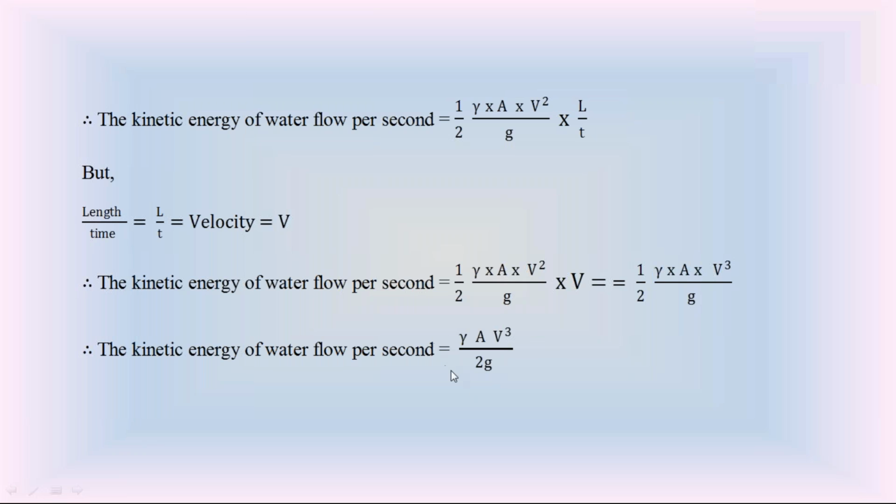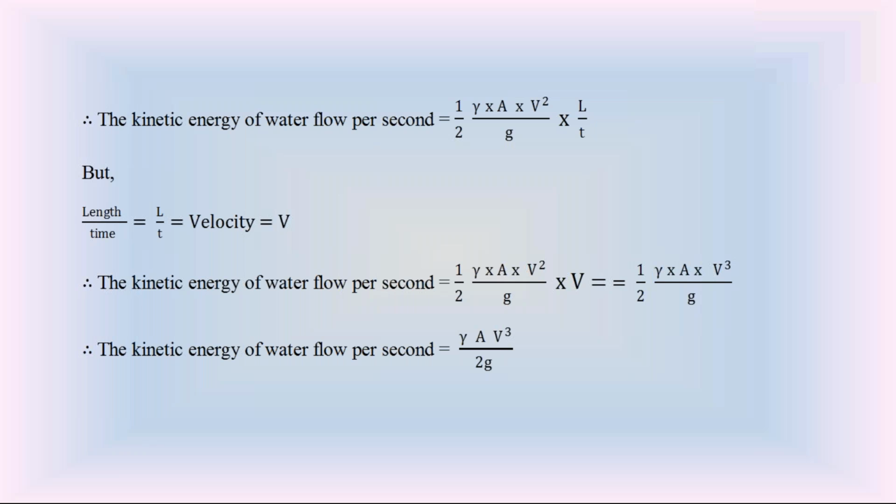So from this equation, you can write the kinetic energy of water flow per second in that thin water layer as gamma into dA, the area of that water layer, into the velocity of water flow in that thin layer, small v cubed, divided by 2g. Since it is a thin layer, the velocity small v is constant.